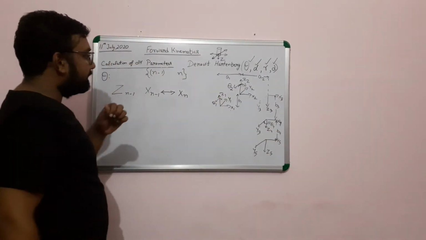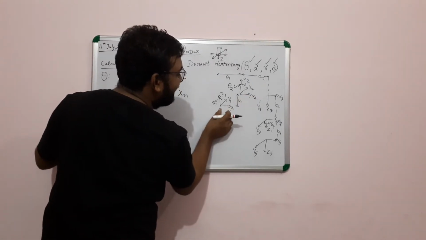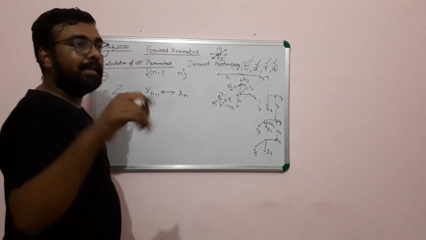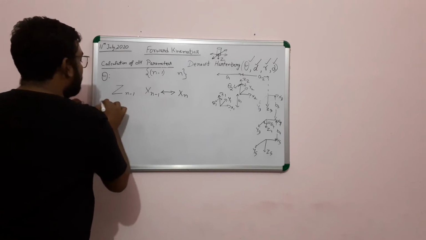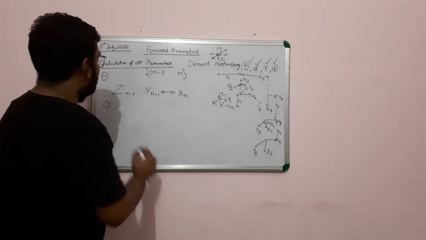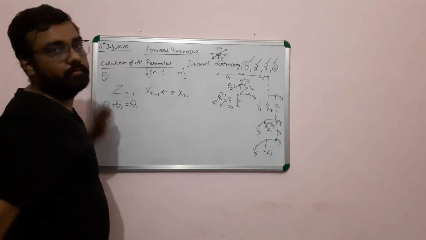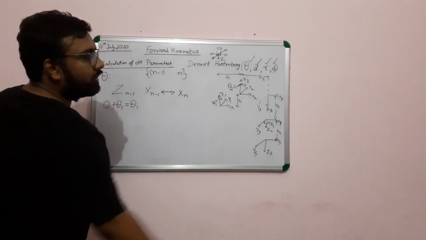So in that case, see here, x1 and x2 both, if we keep this frame over this, will already coincide. So we need 0 only, right? So theta will be 0. Plus we have our angle as theta 1 on z1. So we'll add theta 1. So it will be theta 1. Fine. Similarly for the other frames, we'll see that.